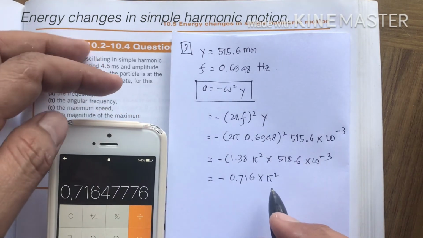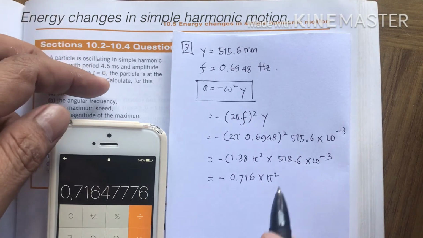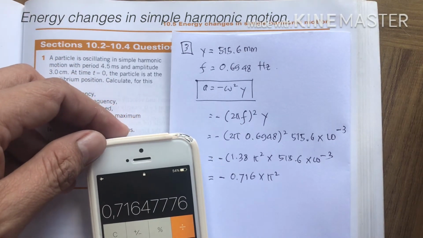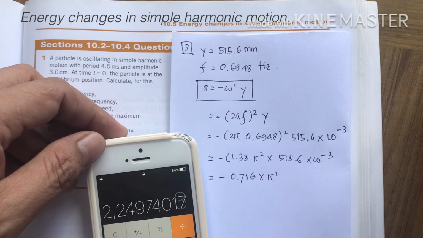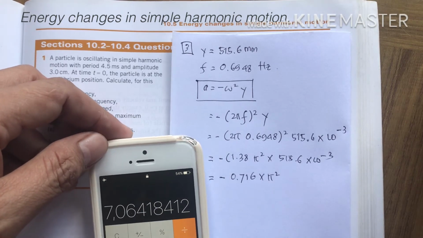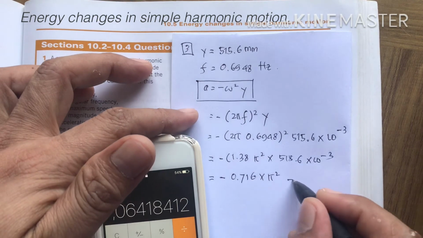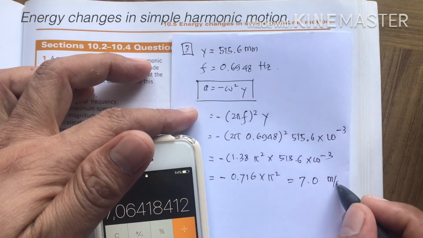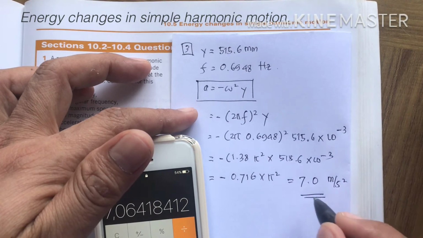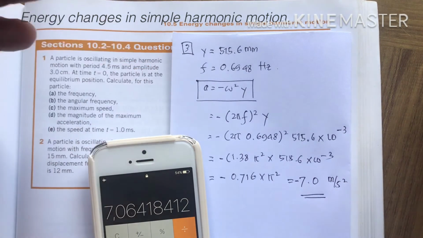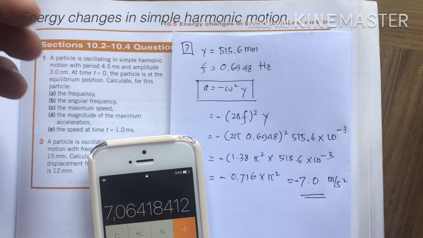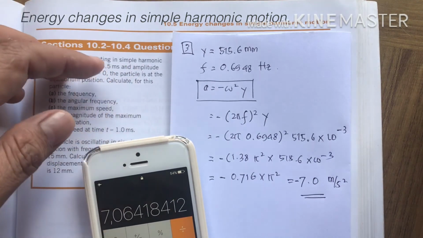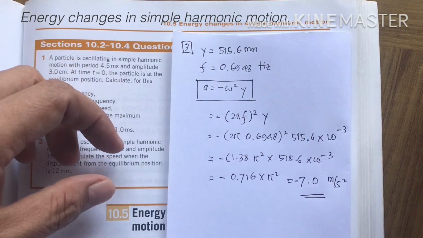If we change pi into 3.14, times 3.14, we get around 7.0 in meter per second square, and also negative. This is because the direction of acceleration is opposite to the motion of this pendulum.